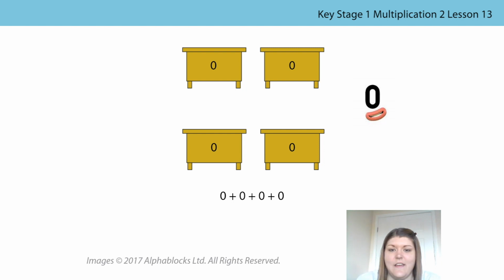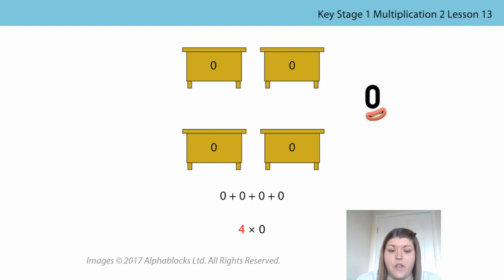Yeah. Now, that really efficient way of writing things, if I want to write that more efficiently in my multiplication expression, how am I going to write it? I'm going to show you, because this one's a bit tricky. 4 times 0.